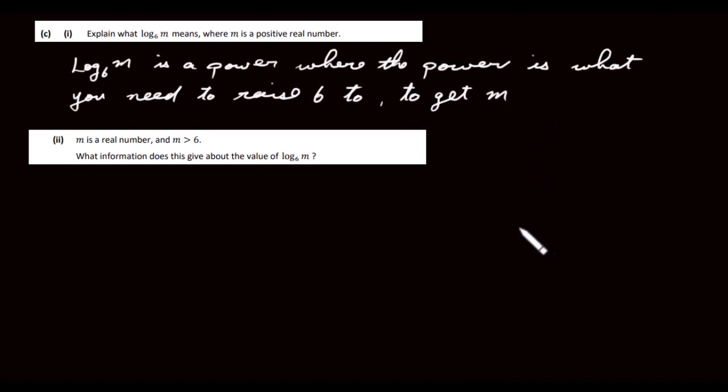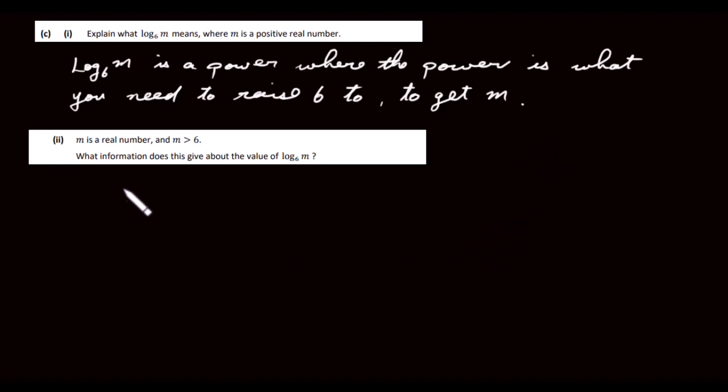Something along those lines. You may have written this differently, but this is by no means a formal definition. This is just the first thing that comes into my head here. So log m to the base 6 is a power, and that power is what you would raise 6 to, to get m. Again, you may have written this slightly differently, but that's a general definition there.